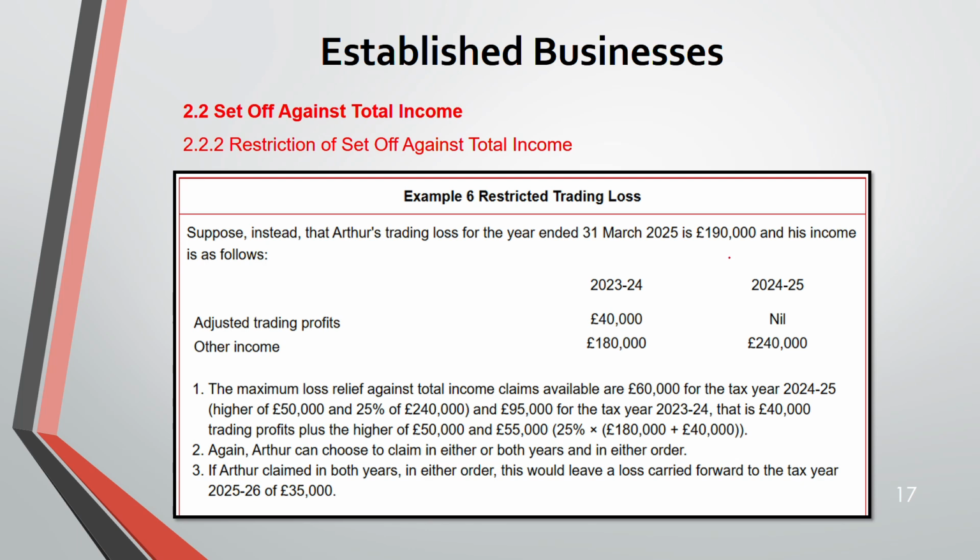He's having a trading loss of 190. Okay. So these profits are given separately. This is nil. Now, when he is setting off against the total income, the maximum loss relief against total income claim available: see, this is other income. You have to take 25% of this. If you take 25% of 240, how much is this?